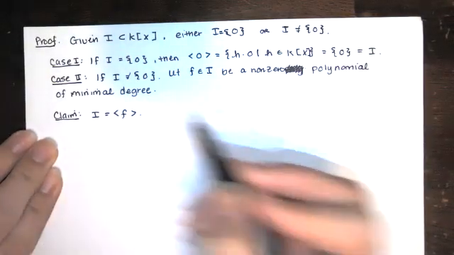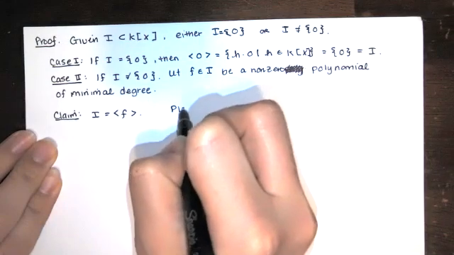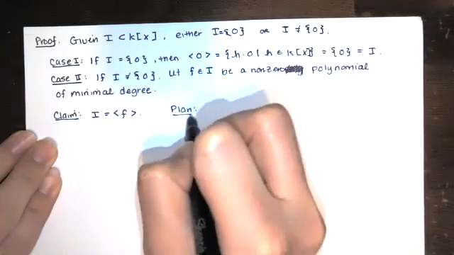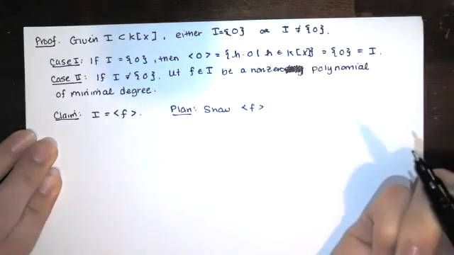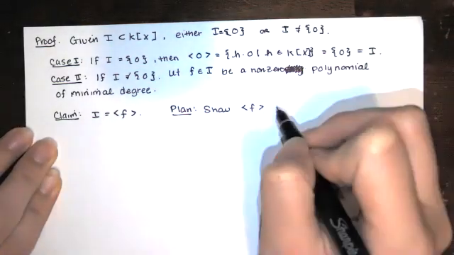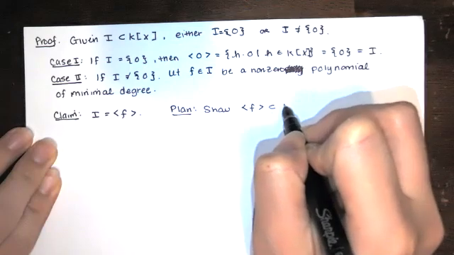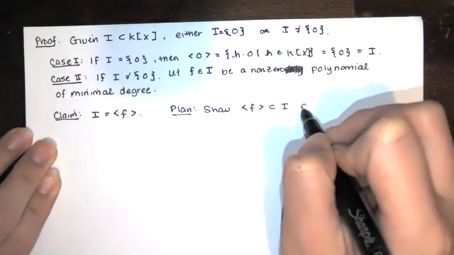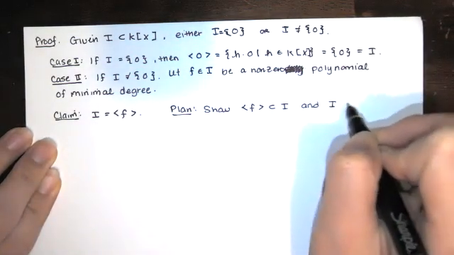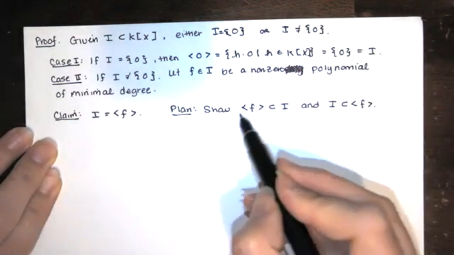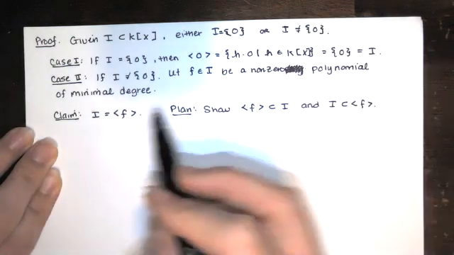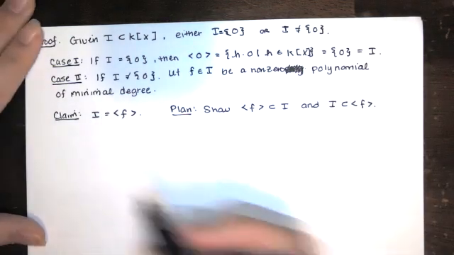In order to show that these two sets are equal, we're going to do the following. Our plan is to show that the ideal generated by the polynomial f is a subset of I, and I is a subset of the ideal generated by the polynomial f. If these two are subsets of each other, the only way that happens is if they're equal to each other.